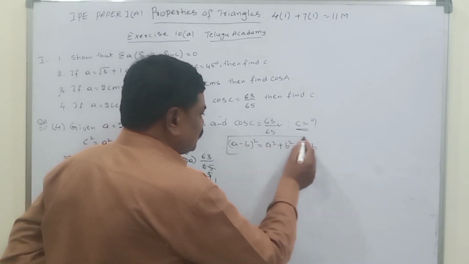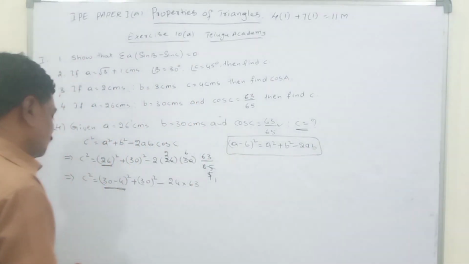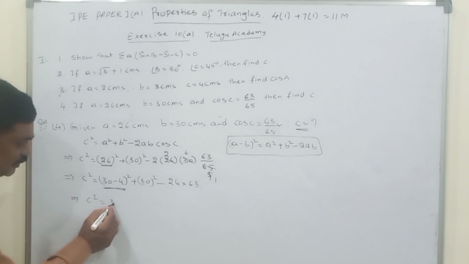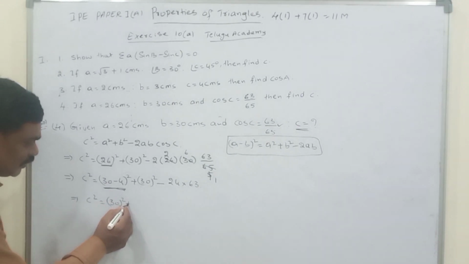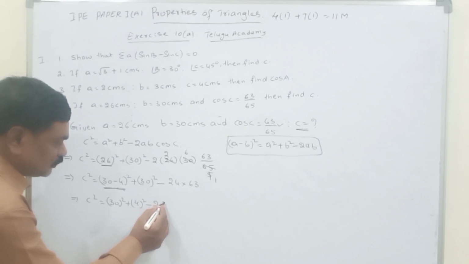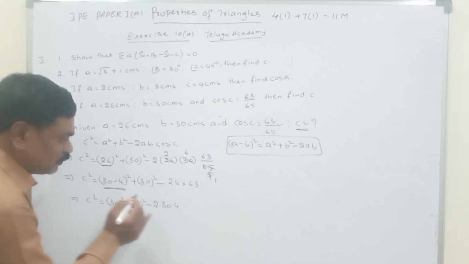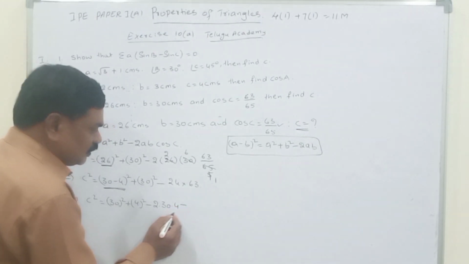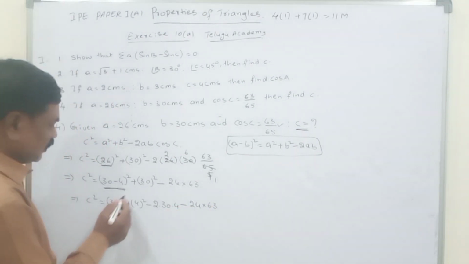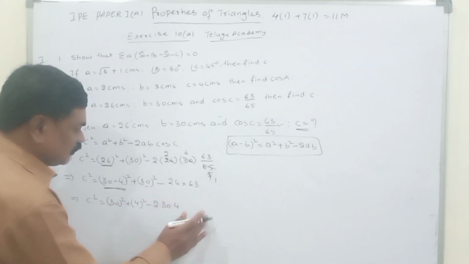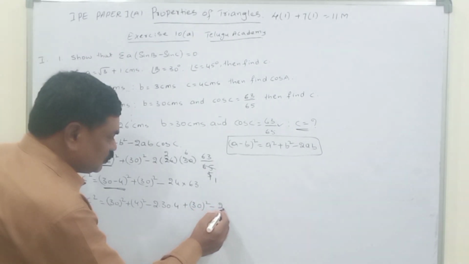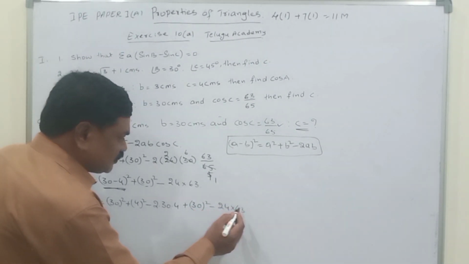This is the algebraic formula. So c square is equal to 30 square plus 4 square minus 2 into 30 into 4, minus 24 into 63, plus 30 square is there, minus 24 into 63.